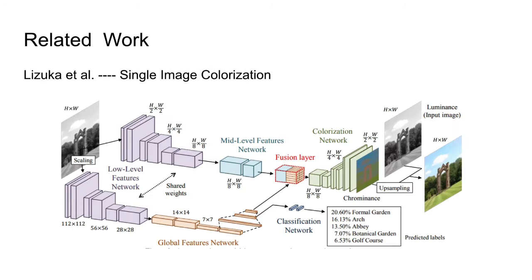This figure shows the framework of Lizuka's work. Their model consists of 4 main components: a low-level features network, a middle-level features network, a global features network, and a colorization network.